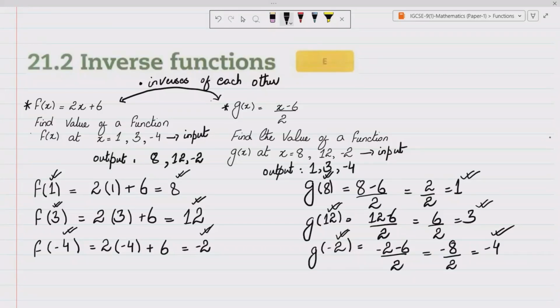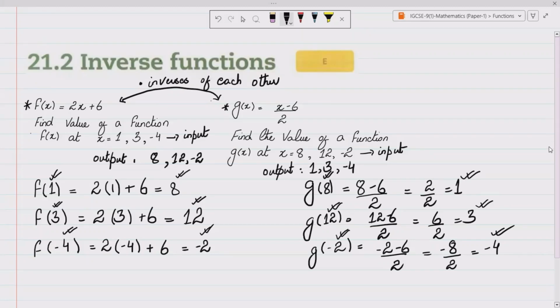So what are inverse functions? Two functions are inverses of each other if the input of one is the output of the other. The input of f of x is the output of g of x, and the input of g of x is the output of f of x. If this holds, we say both functions are inverses of each other.